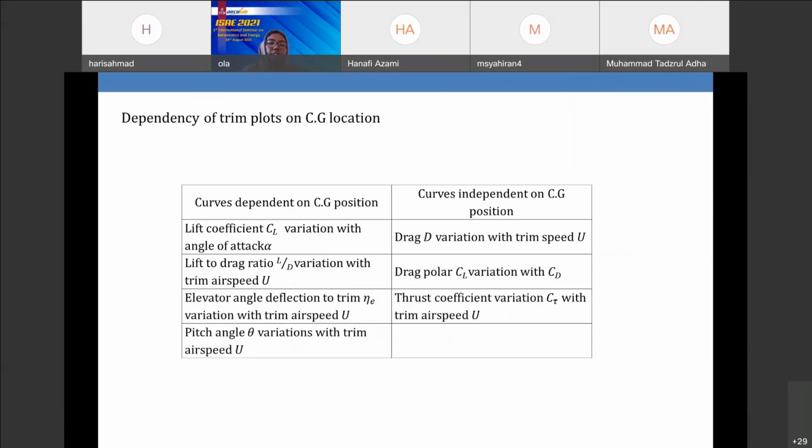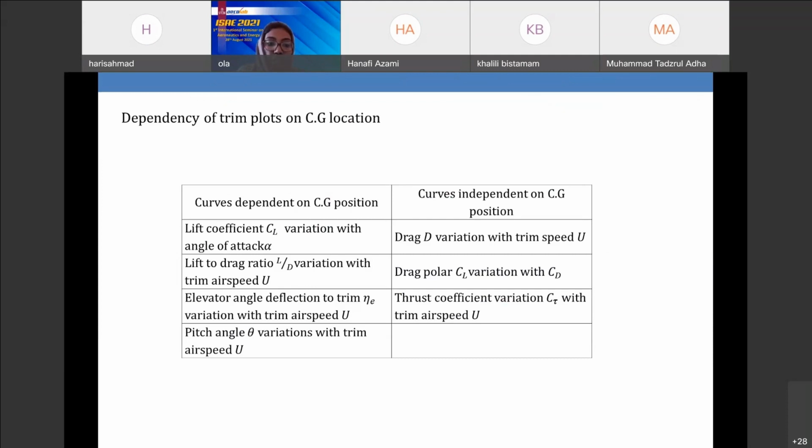Now, this table here shows us the dependency of trim plots on CG location. Our results, we represent them in graphs, as I said. So we have graphs that depend on the CG position and graphs that are independent of the CG position. Lift coefficient variation with angle of attack depends on it. Lift to drag ratio with trim airspeed also depends on it.